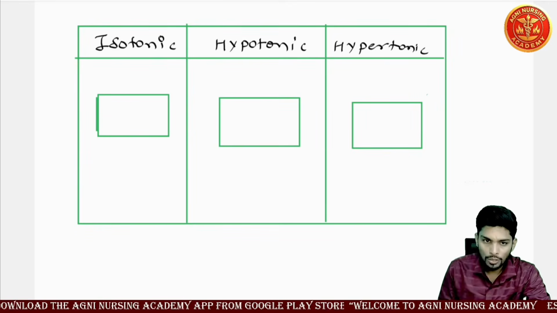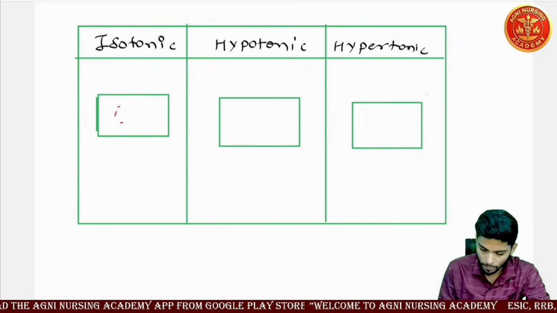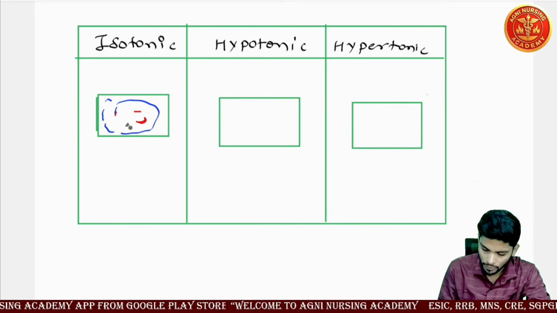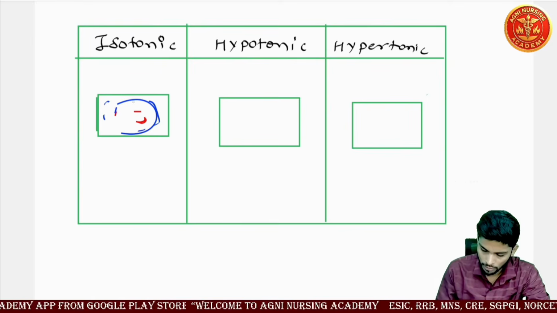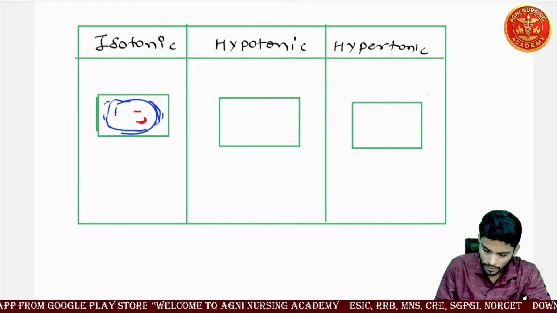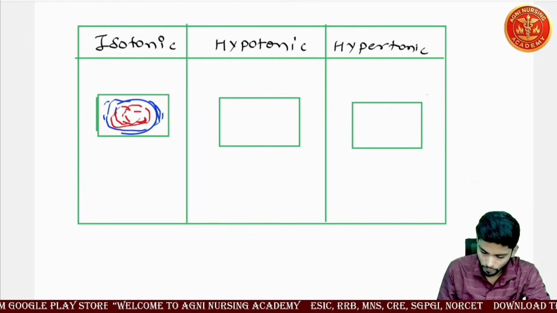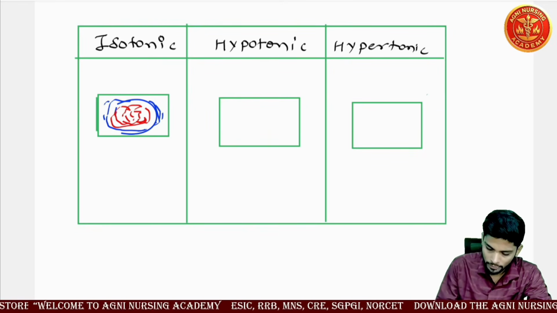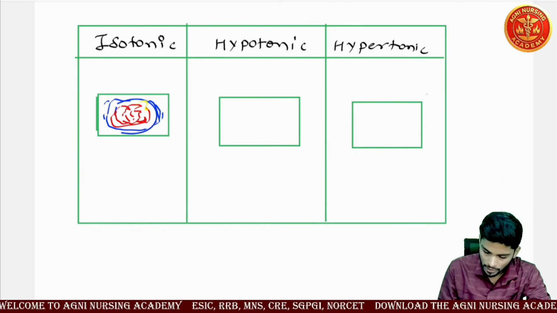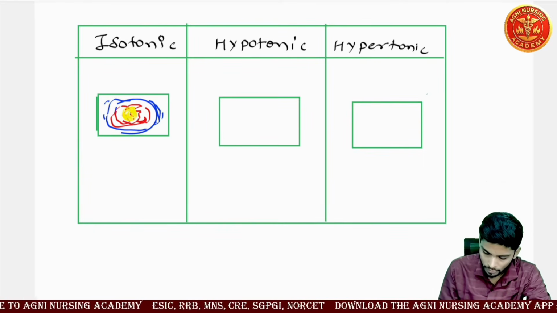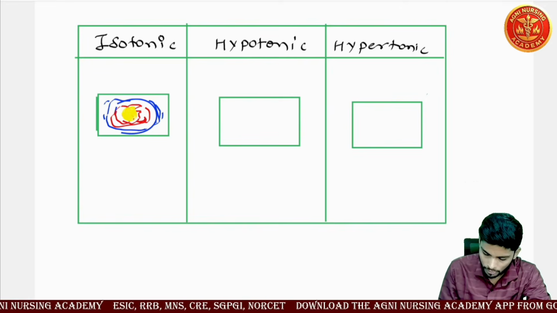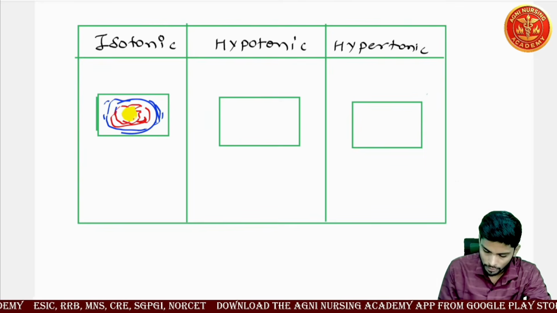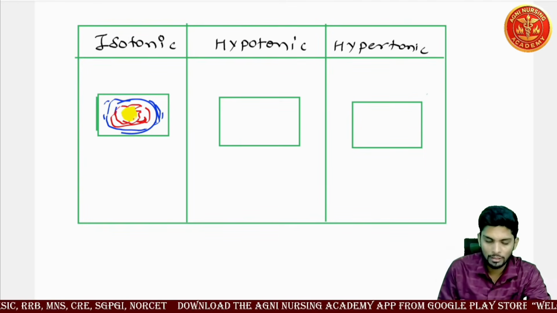In isotonic solution, the concentration of solute is equal to the concentration of solvent, so the size of the cell will be normal.